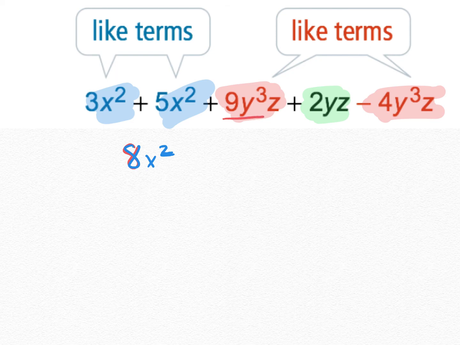Now let's add 9y to the third power times z and negative 4y to the third power times z. What would those be? 5y cubed z. Awesome. I like that you said cubed, so cubed is the same way of saying y to the third power.